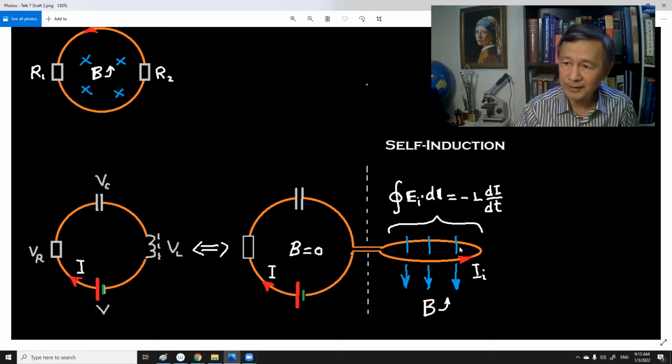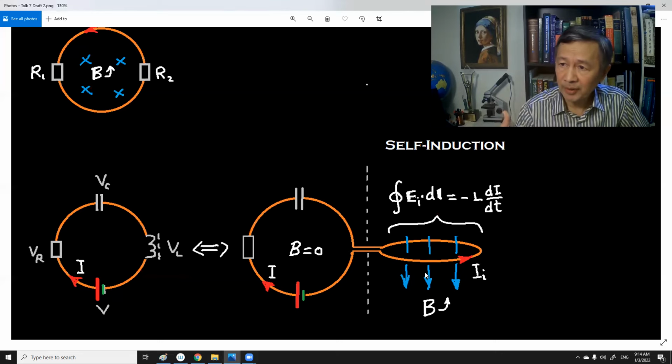We just replace this symbol for the inductor by this loop perpendicular to the original plane. From here, you can see that when the current increases, the magnetic field across this loop generated by this current will increase.